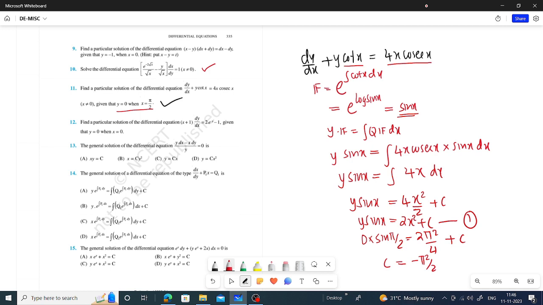Okay, so the final solution is y sin x equal to 2x square plus c. Instead of c, we can substitute here minus pi square by 2. This is the answer.